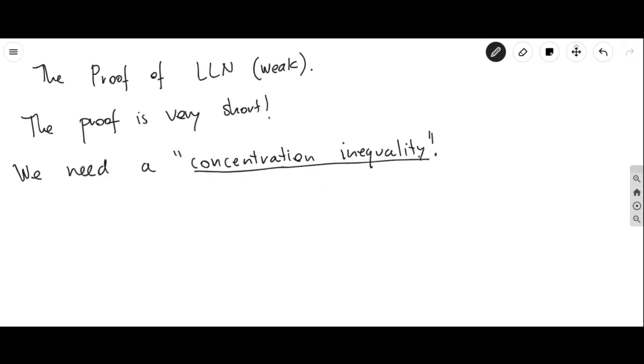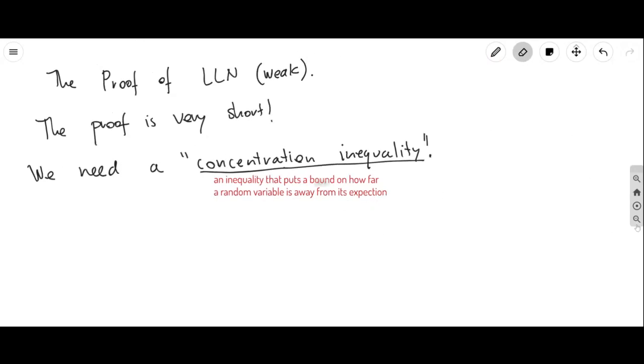Now, what is a concentration inequality? Basically, it's an inequality that puts a bound on how far a random variable is away from its expectation. Concentration: how much is the random variable concentrated?